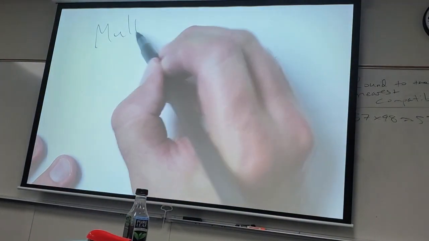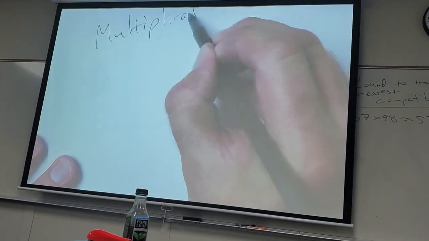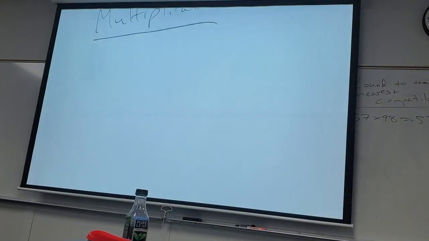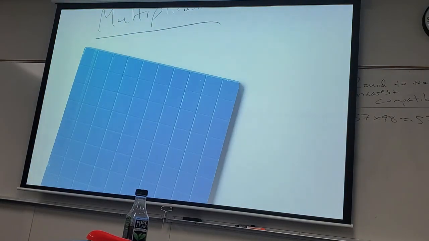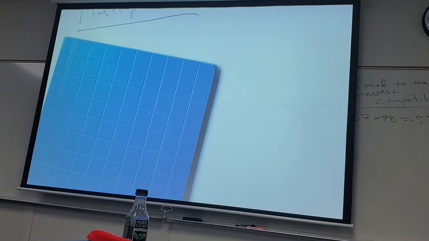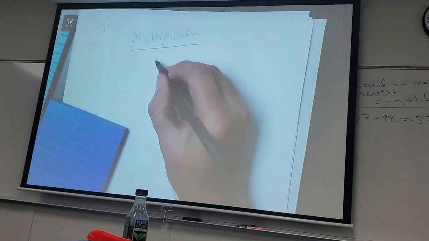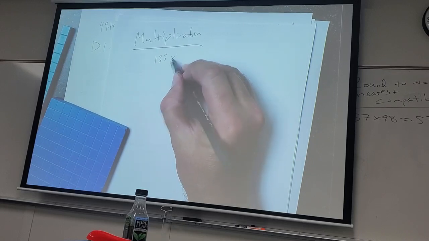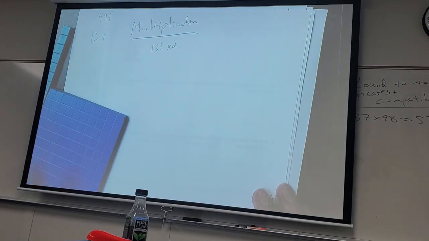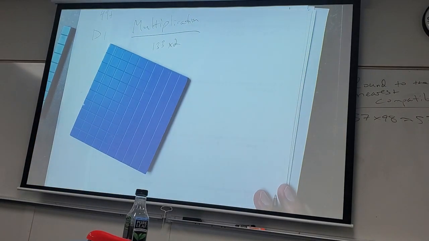All right, let's talk about multiplication real quick. If you think for a second, if you wanted to represent multiplication with these guys, it would be easy. So for example, if I wanted to represent 133 times 2, why would that be easy with this stuff?